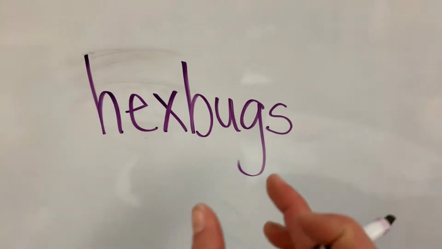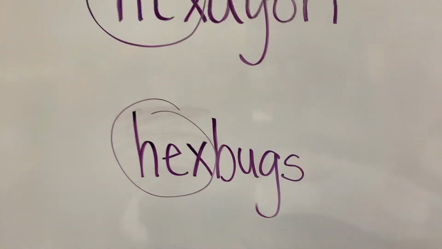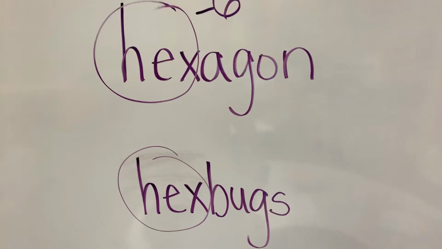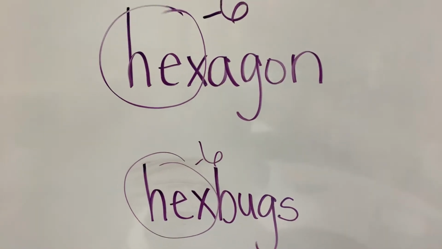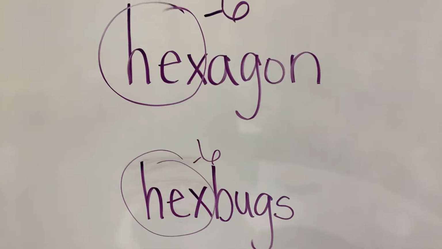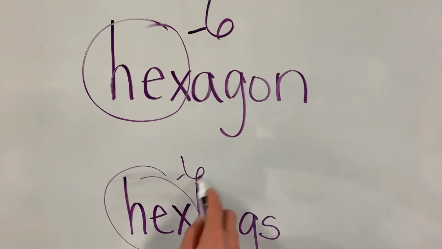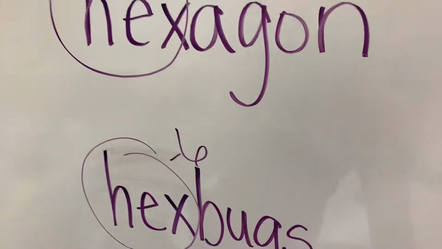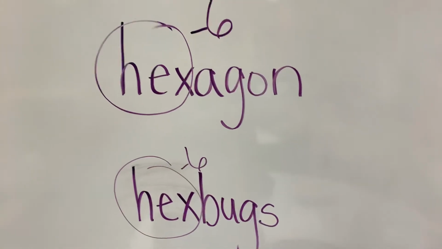They're little tiny robot bugs. You'll notice that prefix hex, just like in hexagon and hex bugs. Again, that means 6. Most insects, friends, have 6 legs, so that's why they call it hex bugs. It's a nod to how many legs an insect has. Hex bugs, hexagon.